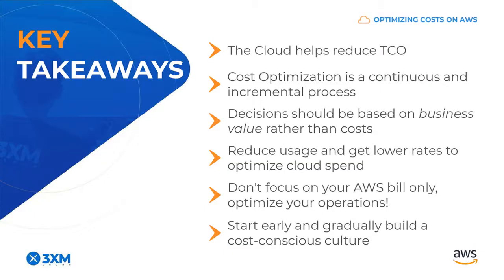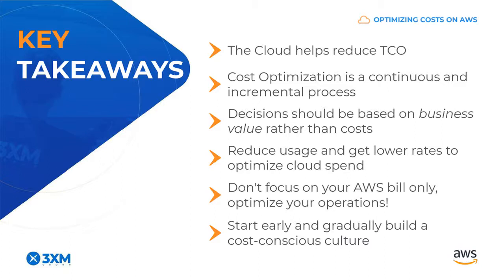So, key takeaways for this session. First of all, as we saw in the first section, the cloud helps reduce TCO, but for that, cost optimization plays a key role. And cost optimization is a continuous and incremental process, not some one-off activity. When you address cost optimization, decisions should be based on business value rather than costs.